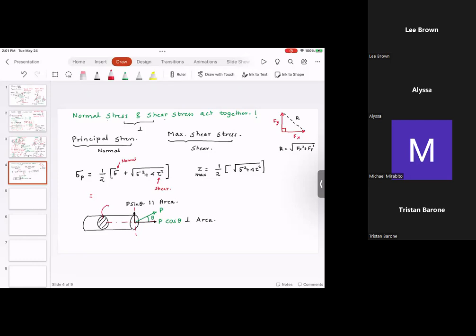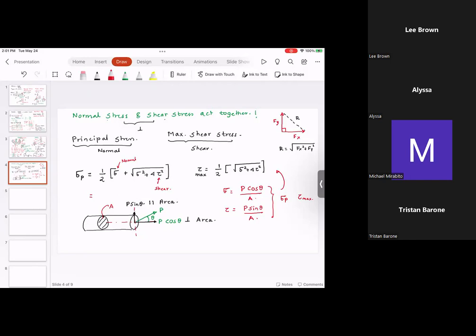So if this area is A, I get the value of sigma equal to P cosine theta divided by A, and the value of tau is P sine theta divided by A. Then I substitute these two values in the equation here to find the values of sigma P and tau max.